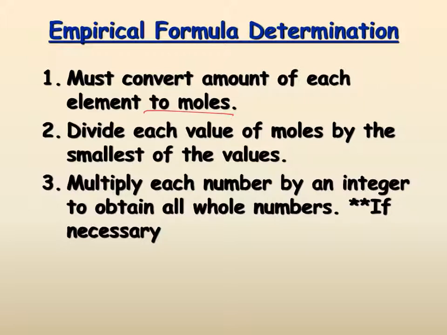They have to be converted to moles. Once you have everything set to moles, so say you get 3 moles of carbon and 1.5 moles of hydrogen. Okay? Next step, you are going to take those numbers, and the smallest one, you divide everything by it.